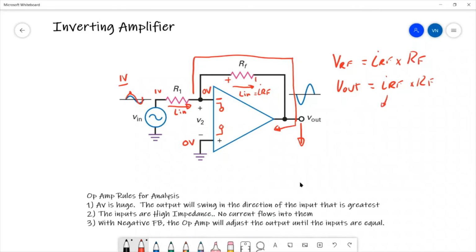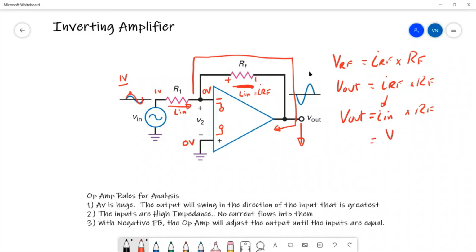Well, we said that IRF, that current over here, comes from the input. That's what goes around. So IRF is also equal to IN. So V out equals IN times RF.